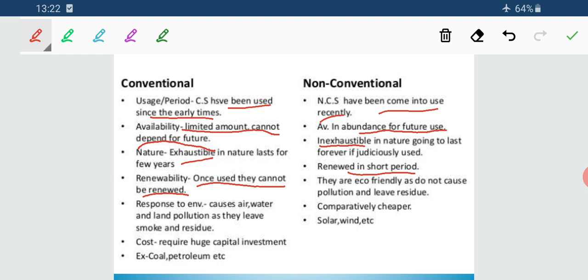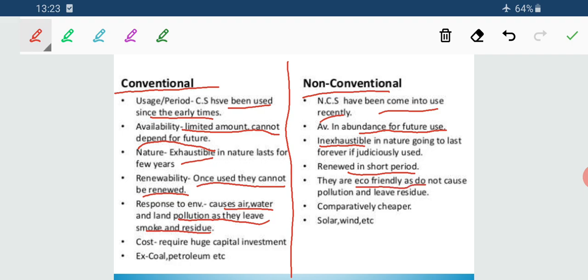Then response to the environment. Conventional resources just cause pollution. When we burn the coal, or when vehicles are using petroleum and diesel, what is the result? They emit smoke, so they cause pollution. But non-conventional is eco-friendly.